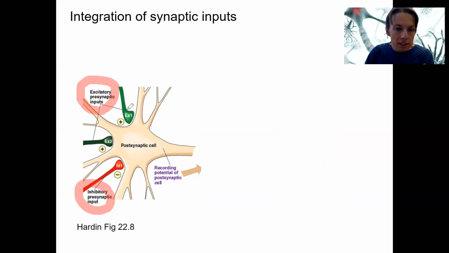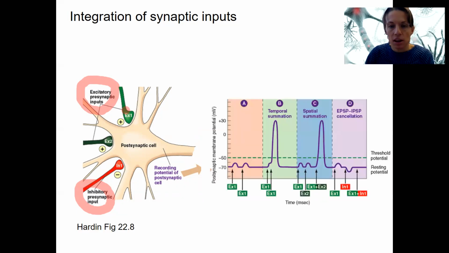An action potential down this axon terminal would cause a release of maybe glutamate. Here, if there's an action potential in this neuron, it would also release glutamate. This neuron, if we have an action potential down it, would release GABA and be inhibitory. So let's look at these examples.